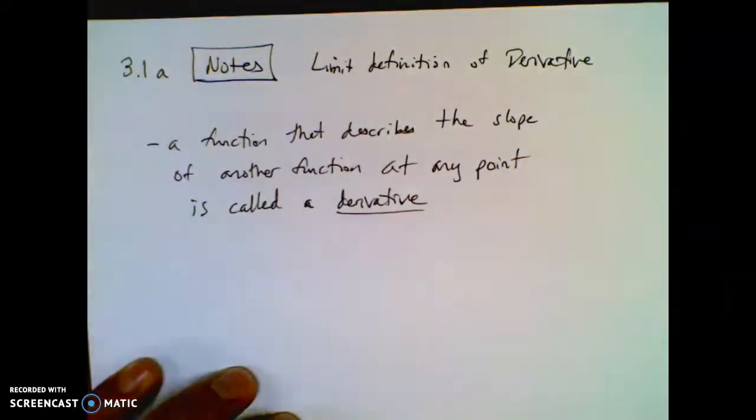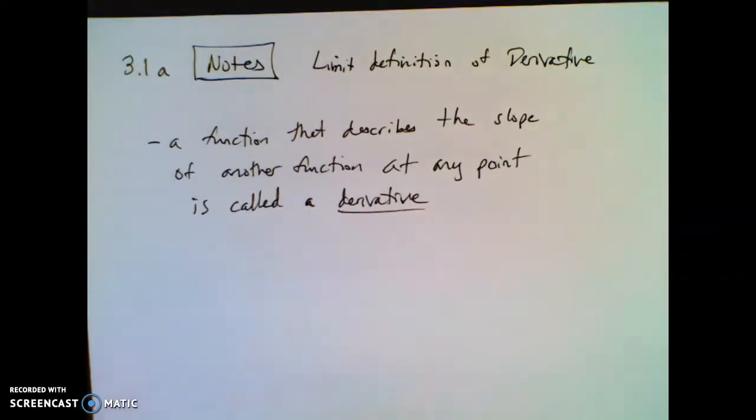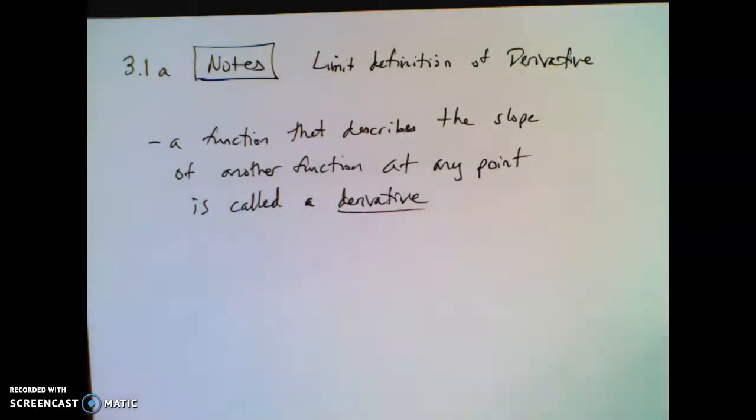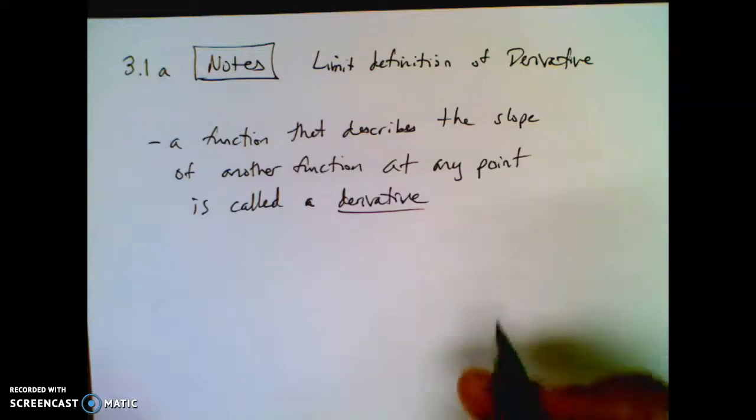This is a word we're going to use like a million times. Derivatives are like half of what calculus is about. So if you want an equation that finds a slope at any point along the line, it's called a derivative.